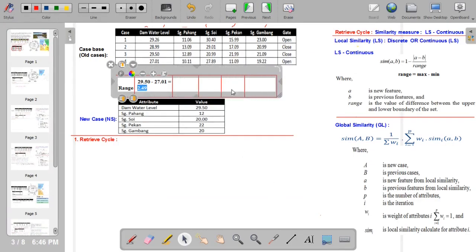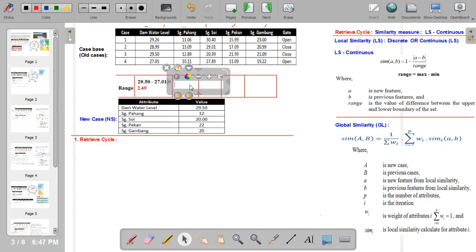Then we move to the next attribute. The next attribute here, the second attribute, is Bahang. The maximum value for the Bahang here is 13.09, right?